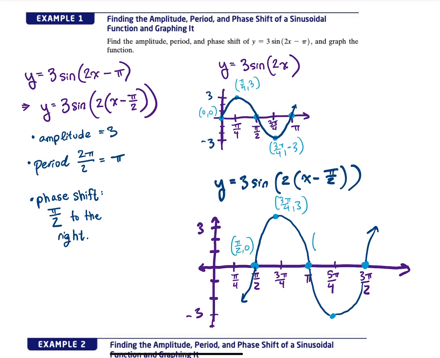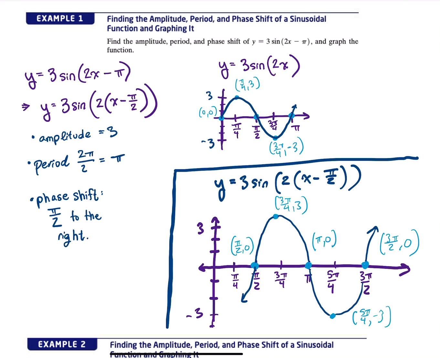Then we'll have the point pi, 0 instead of pi over 2, 0, adding pi over 2. Then this will be 5 pi over 4, negative 3, and then 3 pi over 2, 0. So just adding this possibility of a horizontal shift to our collection of modifications to these trig graphs.